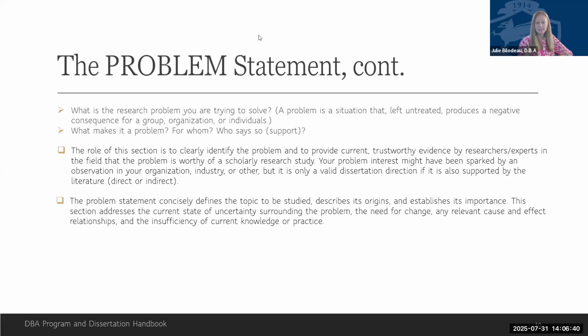So the problem statement concisely defines the topic to be studied. That's what you keep hearing me say. And in that topic statement, you may also have uncertainty, right? Like, is it a problem? You may not be sure, so maybe you want to explore, is it? Or you may be finding literature that is on both sides: yes, it's a problem, or no, it's not, or yes, it's a problem, but from this angle or this angle.